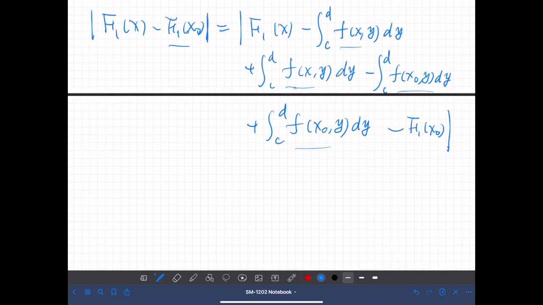And now we use the triangle inequality. So split this part and this part and this part. So 3 parts. So that is not equal, but less than or equal.